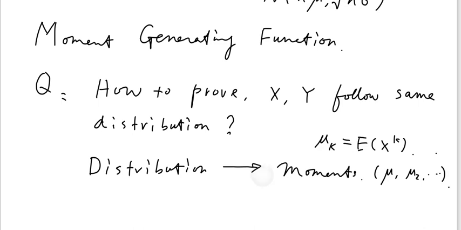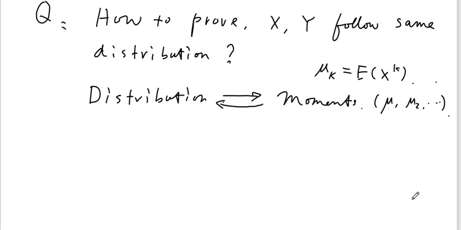Then let's go back. If the moments are the same, then from these moments we can say the distributions are the same. This is just like, for a distribution or density, the distribution is completely determined by the density function, right?